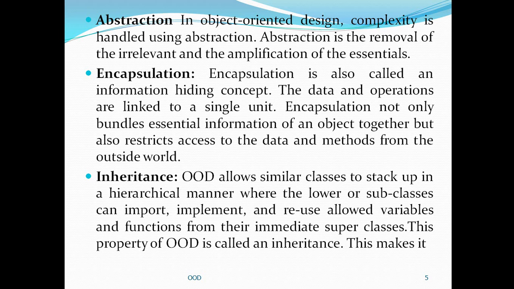The relevant objects are a customer, bank manager, account number, and passbook. These relevant objects of the particular entity are known as abstraction. Abstraction's work is to remove the irrelevant objects of the particular entity.